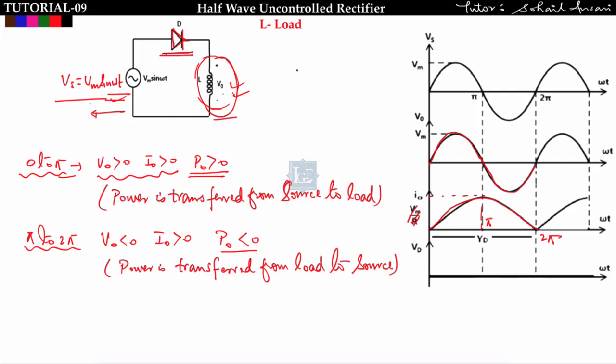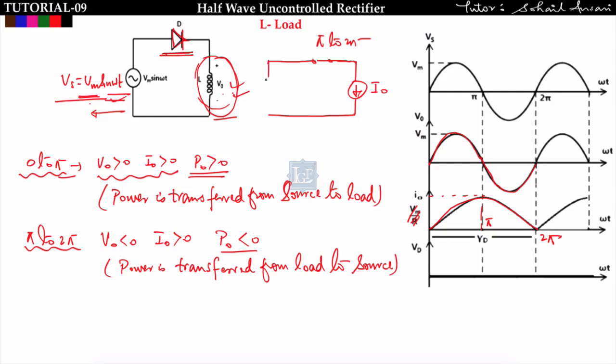There is another way of explaining this. If you have studied my transient lecture, then from 0 to pi, the source is delivering power to the load, means the inductor is charging. Now from pi to 2 pi, this inductor is behaving like a current source, and this diode is shorted from pi to 2 pi.